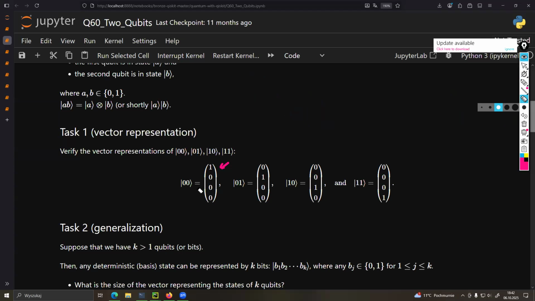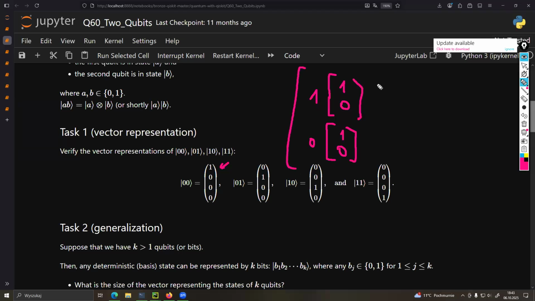As you can see here, we have absolutely the same. If we want to represent state 0, 0, we do exactly the same as in the state 0, 0 in classical. So this would be the tensor product, right?